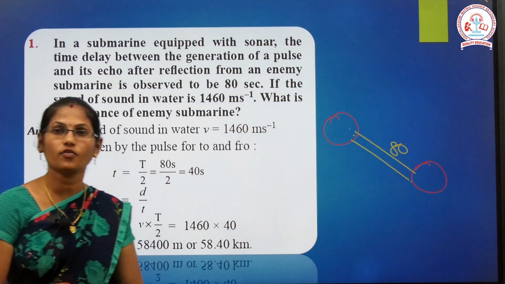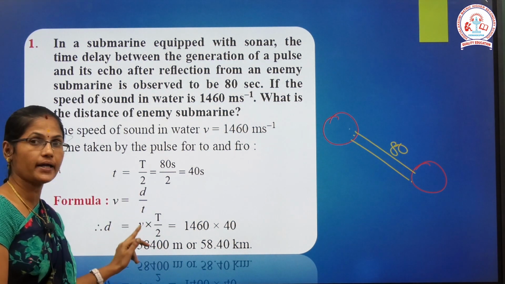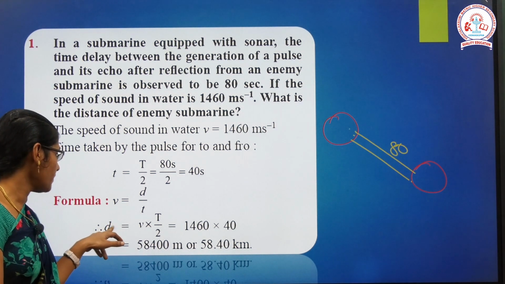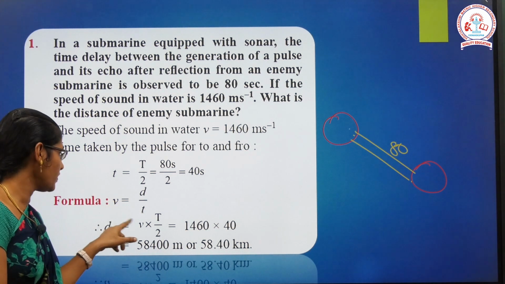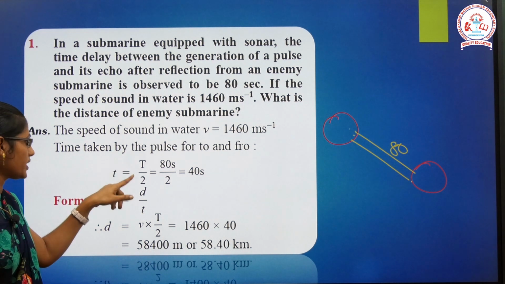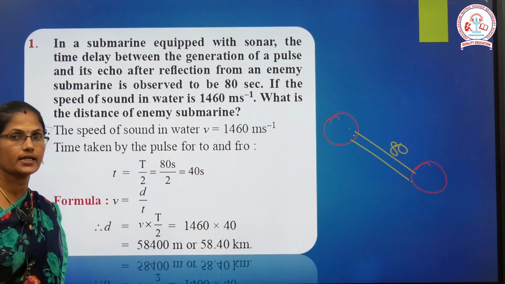We already know the formula for the speed of sound: speed of sound is nothing but distance divided by time taken. We have to find the distance only, so the time comes to the other side by cross multiplying. So distance is v into t. Before that, we substitute small t is equal to capital T by 2, which is 40 seconds.